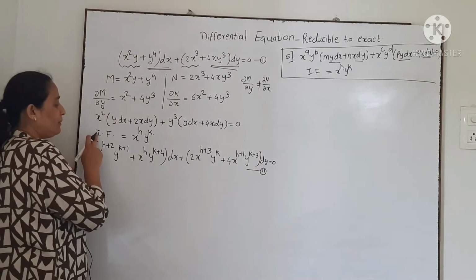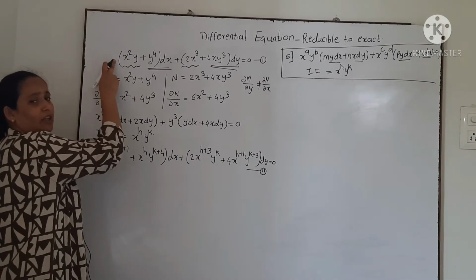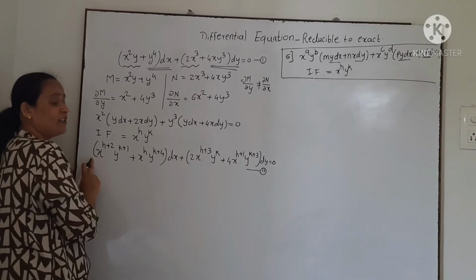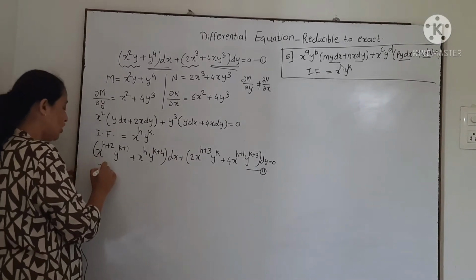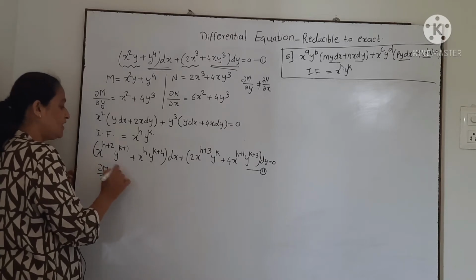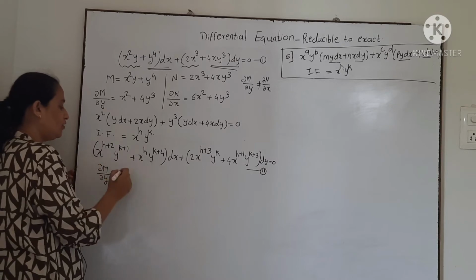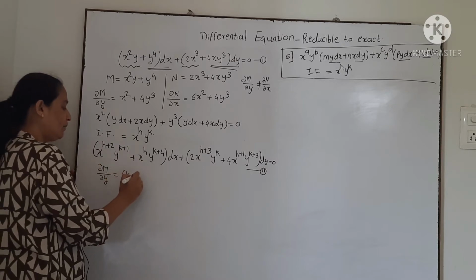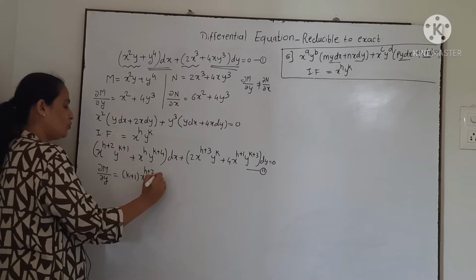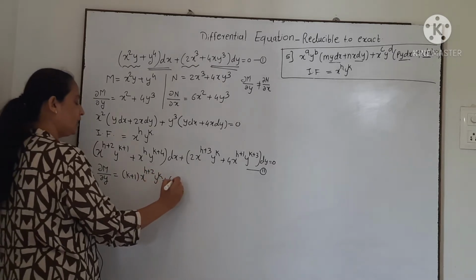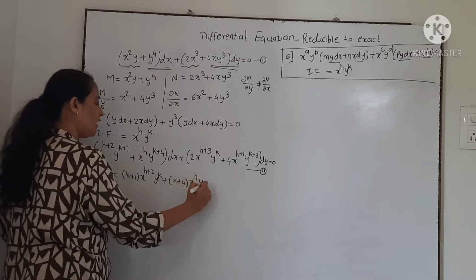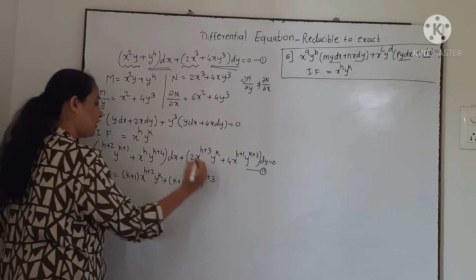Now once we multiply the integrating factor to the given equation, we know that this equation is exact. Now this must satisfy the condition of exactness. So again I will find the value of del M by del y, that is the derivative of this M with respect to y. We'll get (k plus 1) x raised to h plus 2 y raised to k plus (k plus 4) x raised to h y raised to k plus 3.